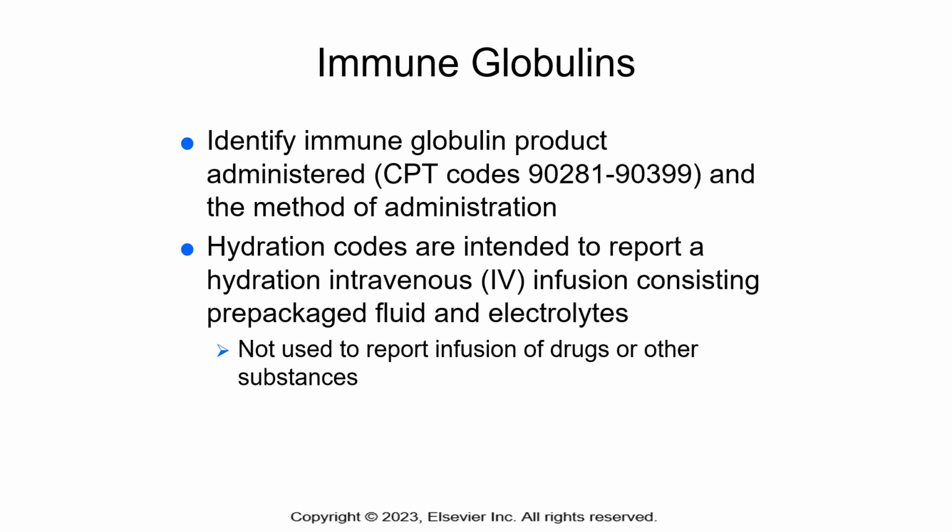Hydration codes, this would be if you put in an IV for fluids, for instance. In this case, you're specifically indicating what fluids were used. You're not looking at whether you infused a particular drug, you're looking at the fact that you infused fluids.